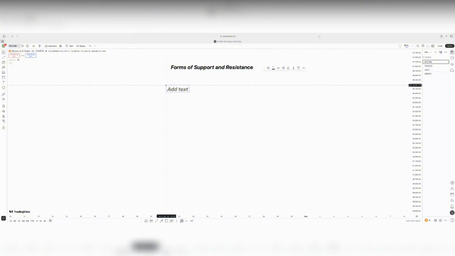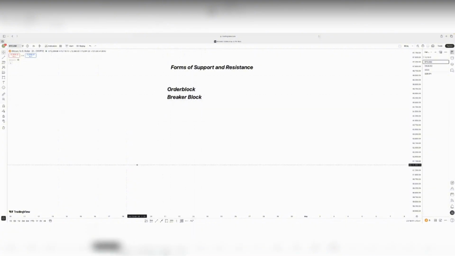We have the order block. We have the breaker block. This is basically it. To me, personally, every other thing revolves around this: the order block and your breaker block.